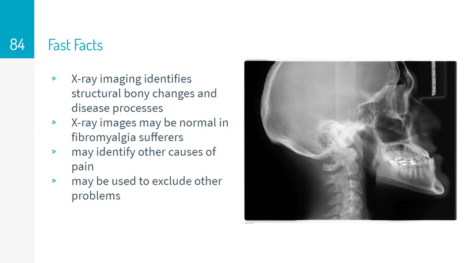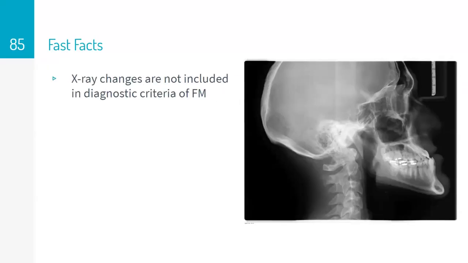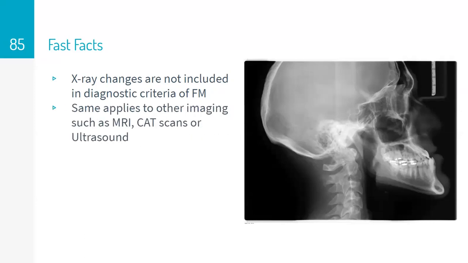And if it comes back normal, then it can often be said that, well, we've excluded a whole lot of bony problems, and this could be the early stages of something else. So often X-ray changes are not included in the diagnostic criteria of fibromyalgia, and the same applies to other imaging such as MRI, CAT scans, or ultrasound.